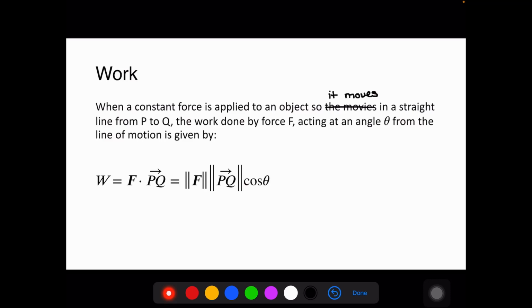We're going to take the force applied to the object, dotted with the path the object is moving in. And then this is my dot product formula. That dot product is the magnitude of my force times the magnitude of vector PQ times cosine theta. So that's my same dot product formula, just written with different letters.